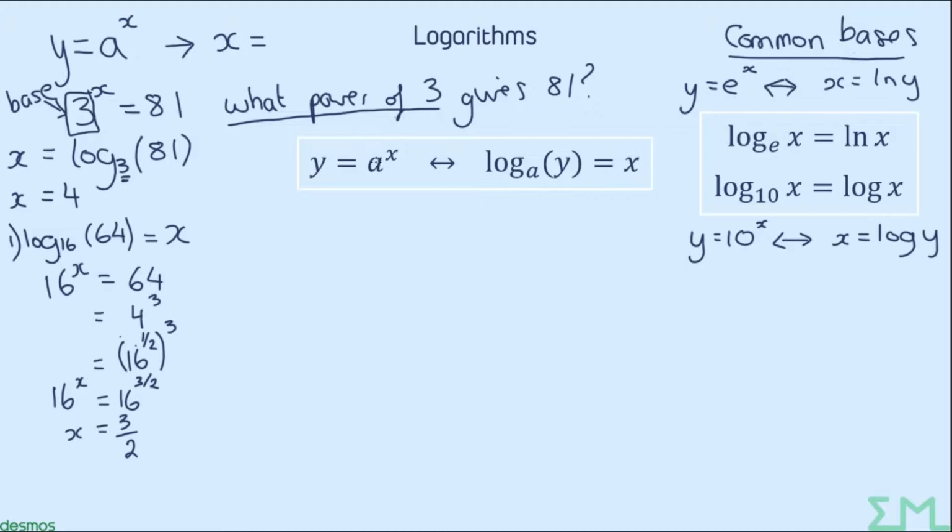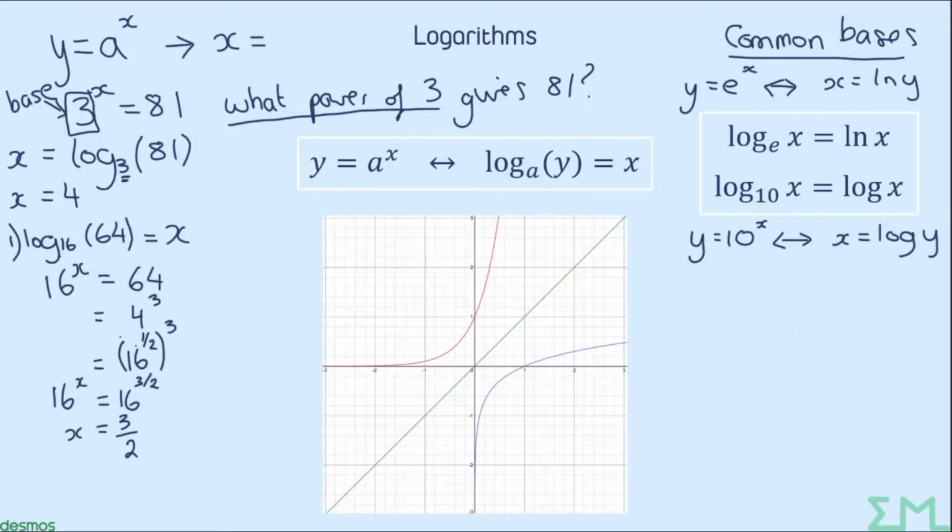Now, when we think about the graph of an inverse function, we know that we are basically flipping around the input and the output. And this will always be the same as a reflection in the line y equals x, because that effectively takes every single point on the curve and swaps the coordinates around. So xy becomes yx. Let's have a look at what that looks like.